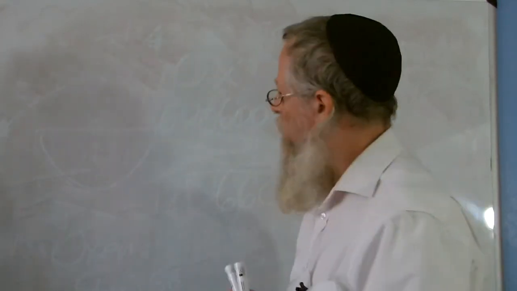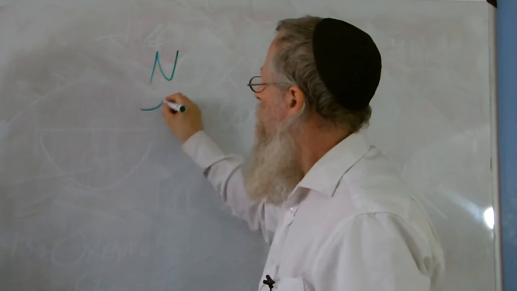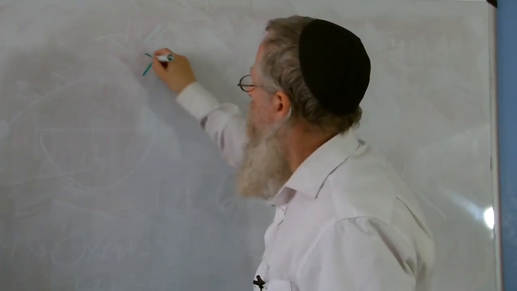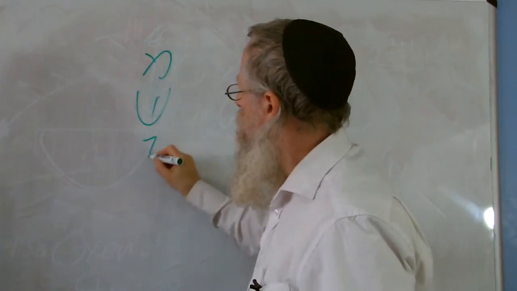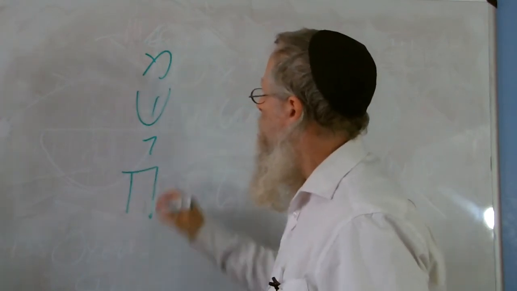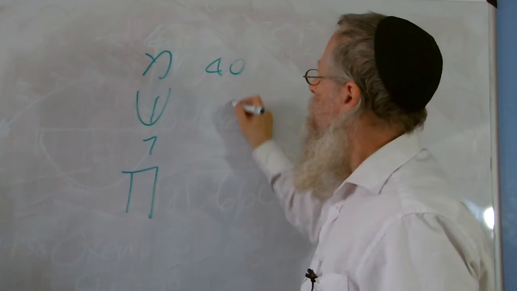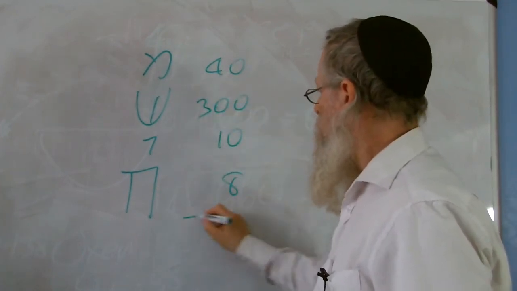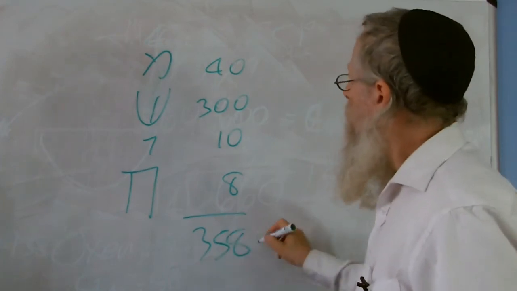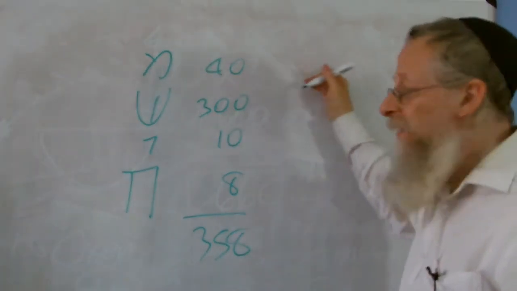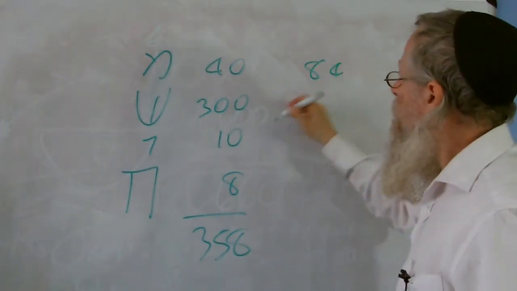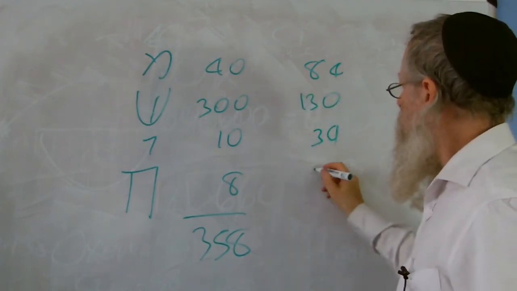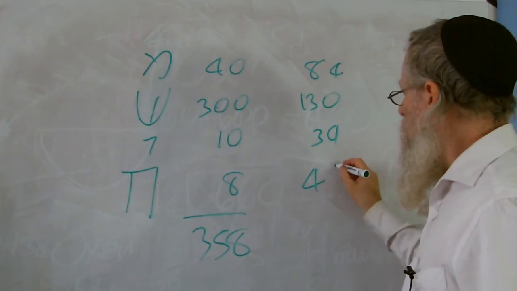If we take the Hebrew word Mashiach, I usually do the block, not the script. So there's the block: Mem, Shin, Yud, Chet. We know that's 40, 300, 10 and 8, the normal values, which gives you 358. Then if I extend this into the normal inner values, 40 is 84, 300 is 130, 10 is 39, 8 is 49.